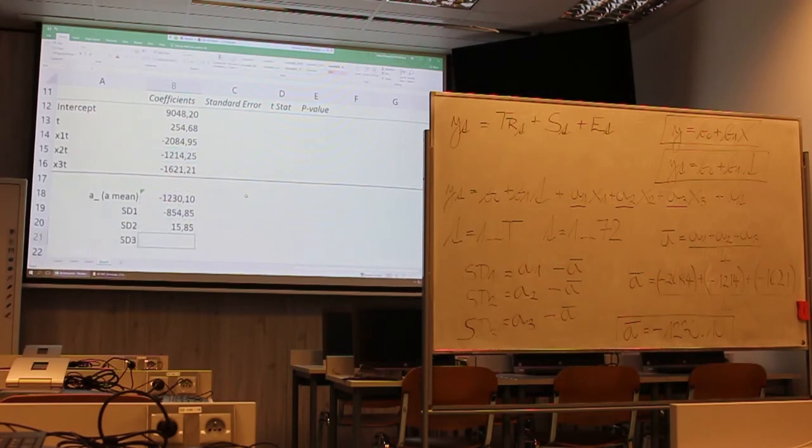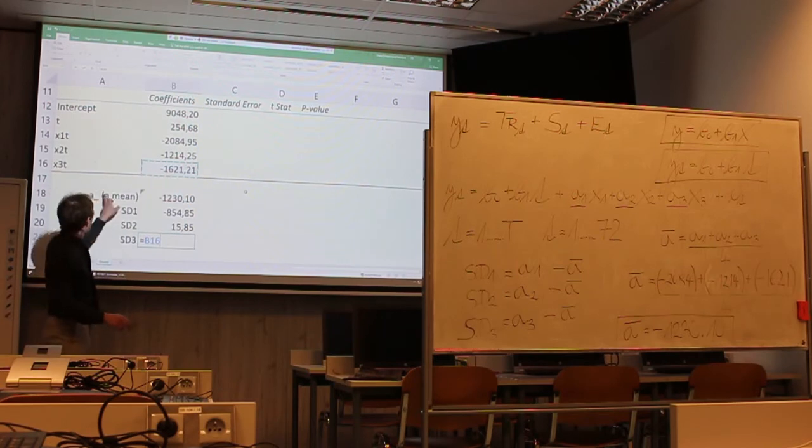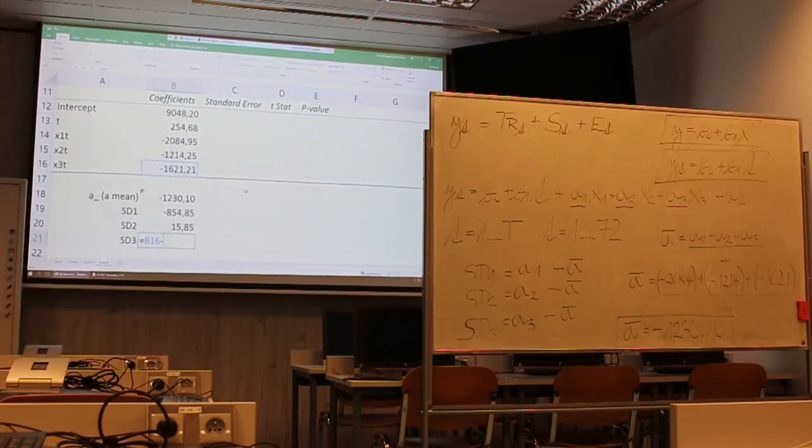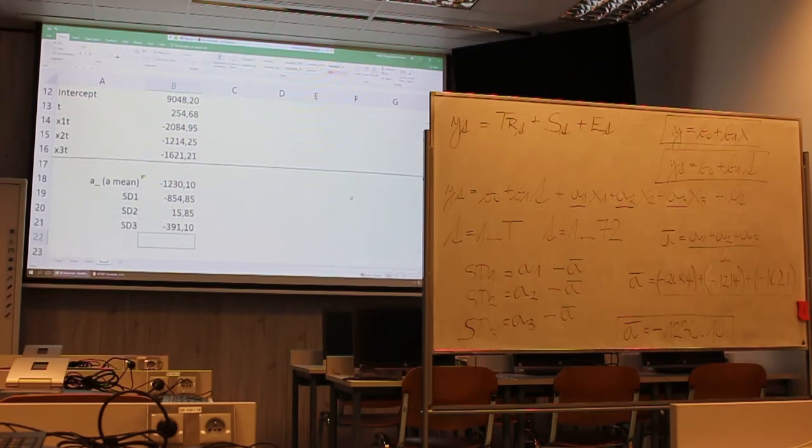And SD3 is the original value A3 minus A mean.